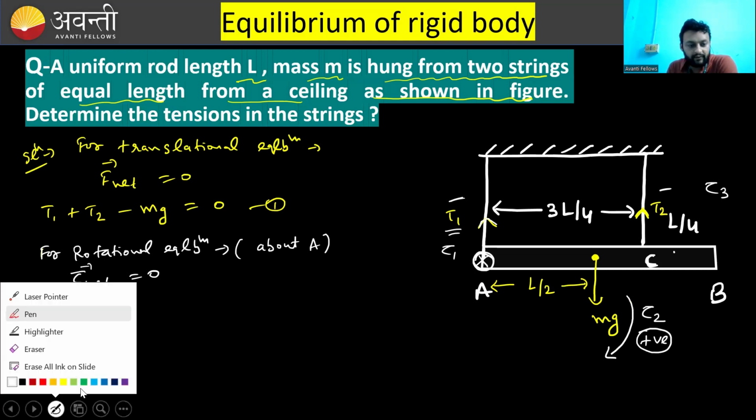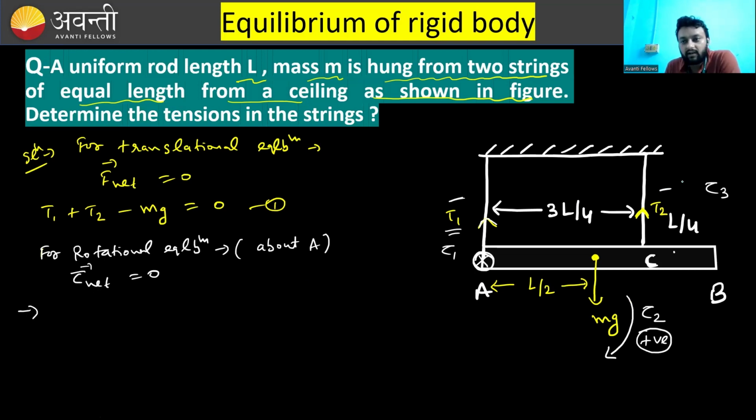Again, if I change the color of the pen, you can have a look at that T2. This is the rod, I think this will be more visible. This is end A that I have held here, and this is point C. Point C is pulling the force.